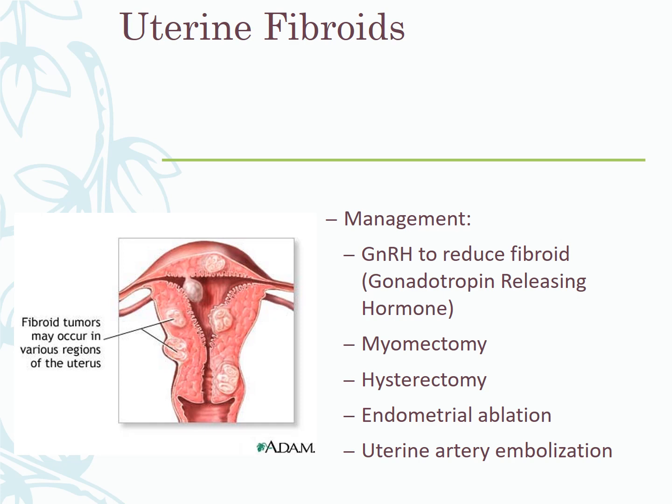Eventually, a woman may need an endometrial ablation, which destroys the lining of the uterus, and it's indicated for fibroids that are greater than 3 centimeters. They'll do MRI-guided ultrasound surgery as well, using ultrasound waves to destroy the fibroids. So there's a lot of different things that we can do to try to help preserve the ability for women to conceive.